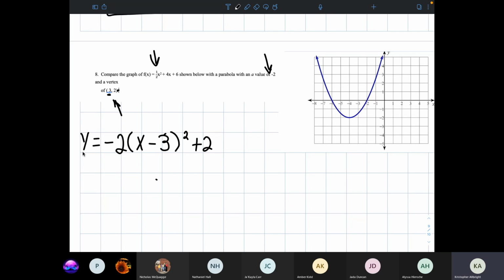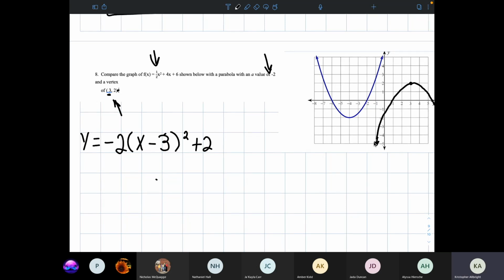So if we go to graph this, our vertex is 3, 2. So 1, 2, 3, 1, 2. This is our vertex. And we know that it goes upside down because our a value is negative. So it's going to look sort of like that.